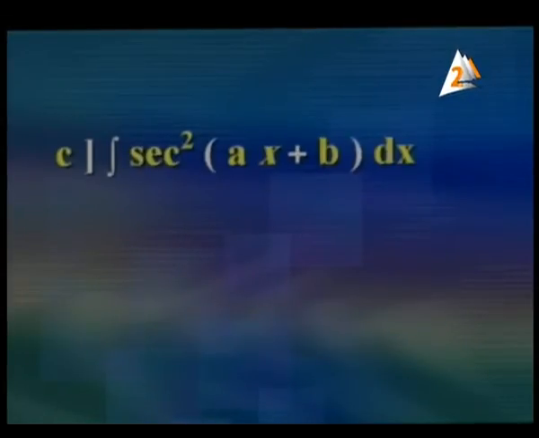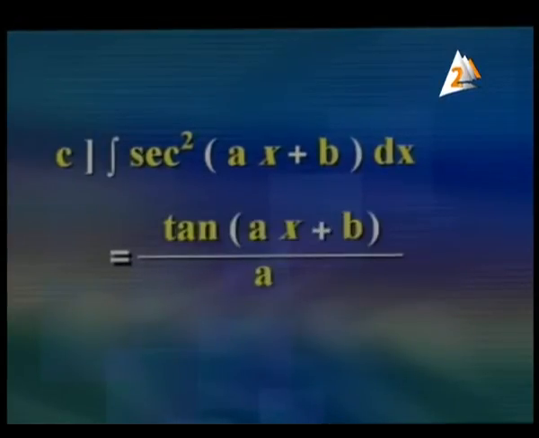Number C, integration of sec square bracket ax plus b dx equals what? Yes, tan bracket ax plus b over the coefficient of x plus c, constant of integration.